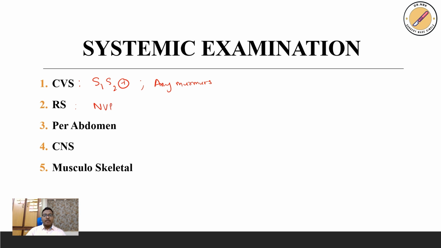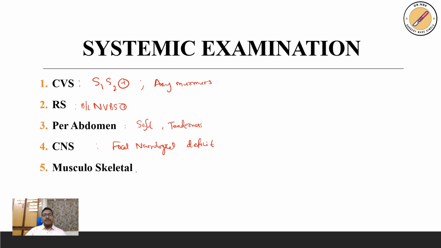So normal vesicular breath sounds, if it is bilateral. Then per abdomen, how is the abdominal examination, whether it is soft or not, whether any rigidity is present or not, whether there is any tenderness present, and if it is present, in which area it is present, etc. And any focal neurological deficit is there or not, we need to examine.